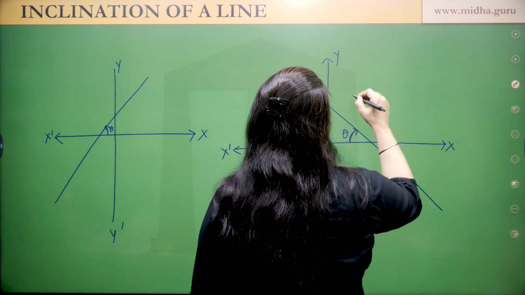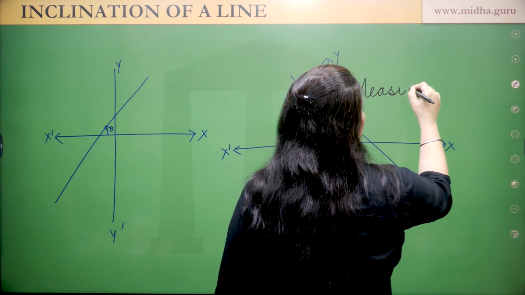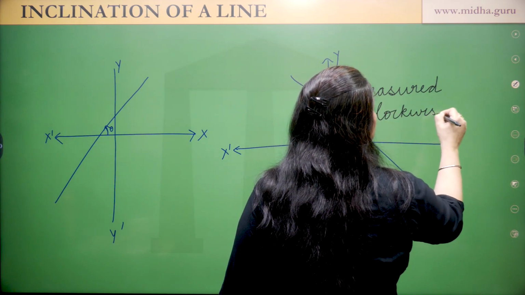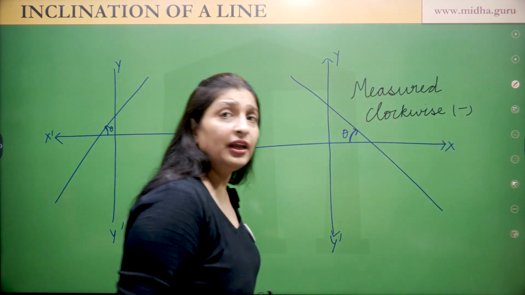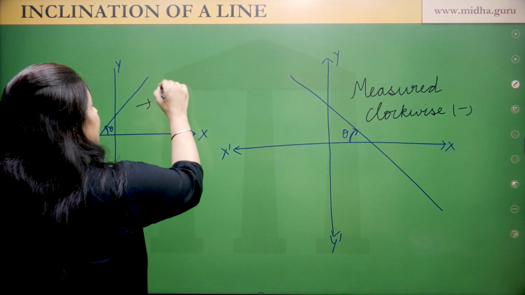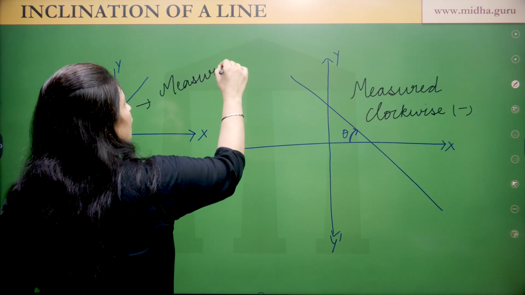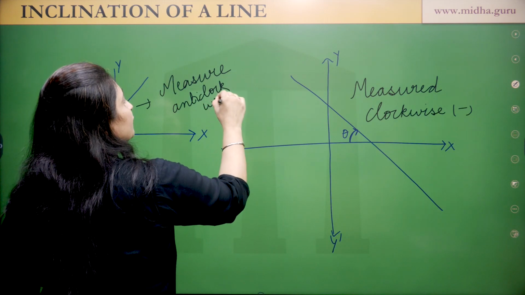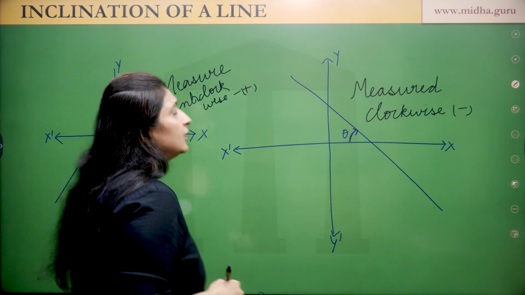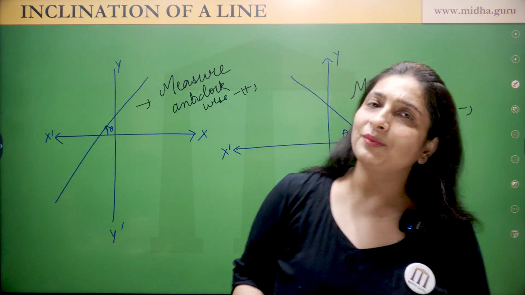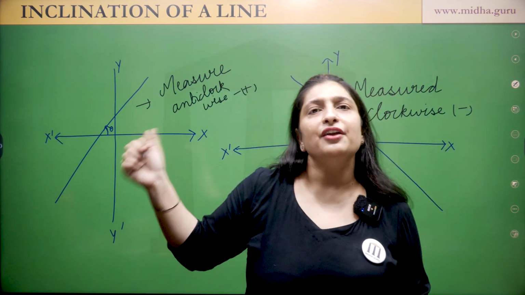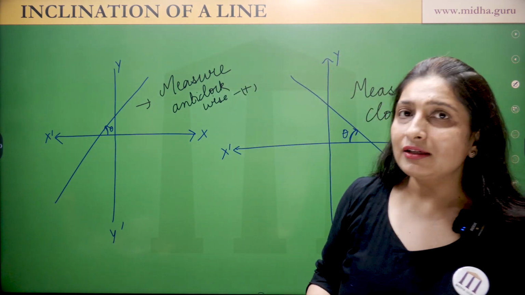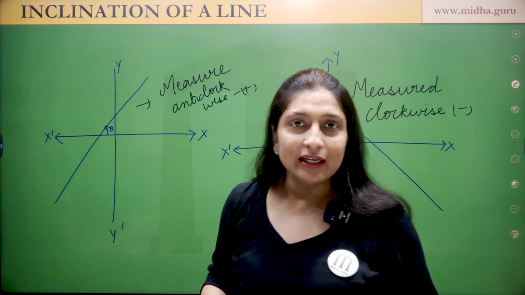Note this down, students. This is important. If the inclination is measured anti-clockwise, it is positive, and if it is measured clockwise, it is negative. So I think you have understood the concept of inclination. Inclination is clear to you.